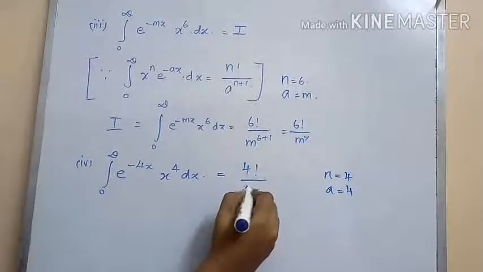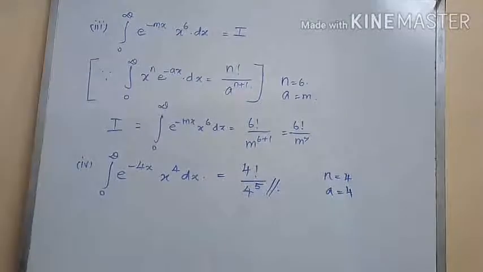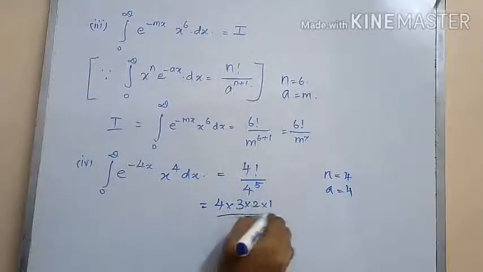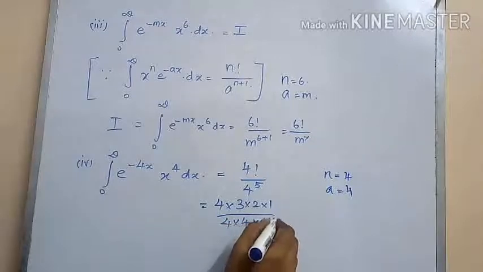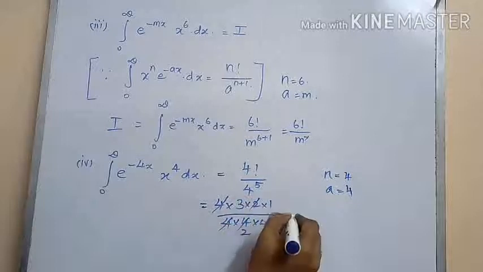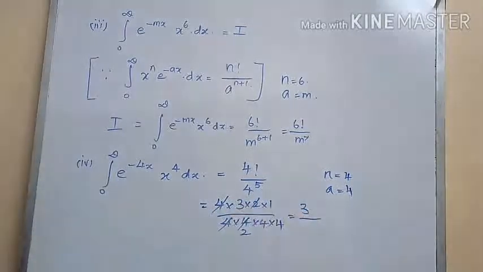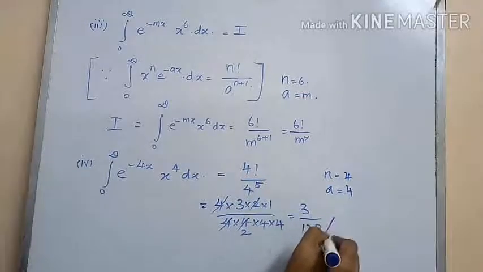So we have 4 factorial by 4 to the power of 4 plus 1, which is 5. It can be further simplified as 4 factorial is 4 into 3 into 2 into 1 by 4 into 4 into 4 into 4 into 4 equal to 3 by 128.